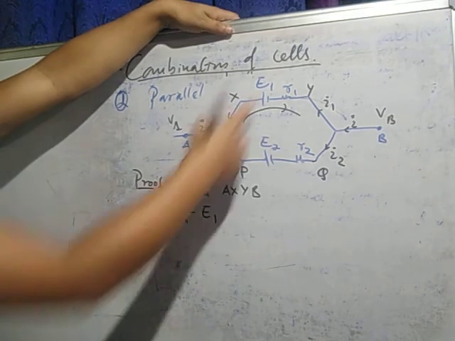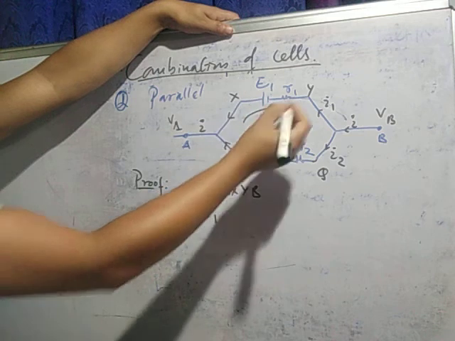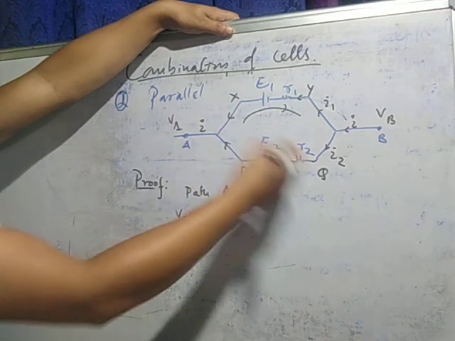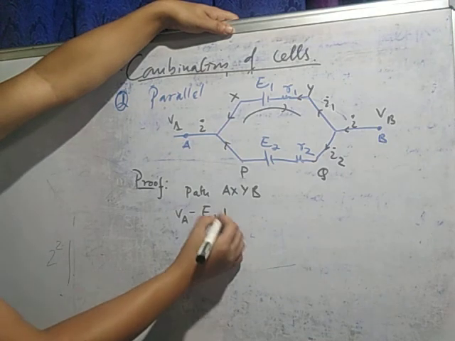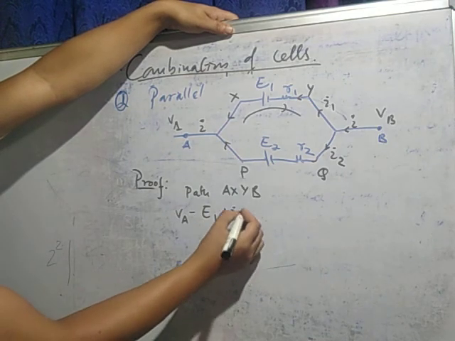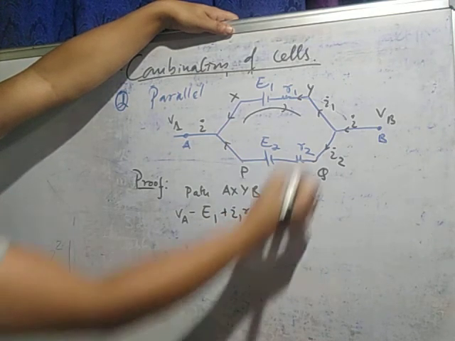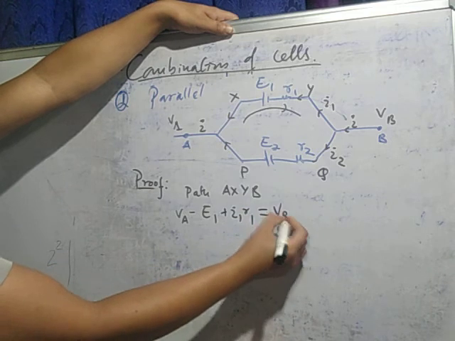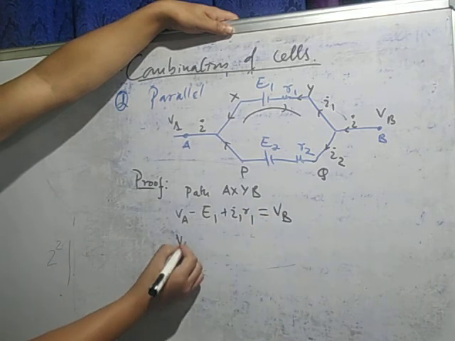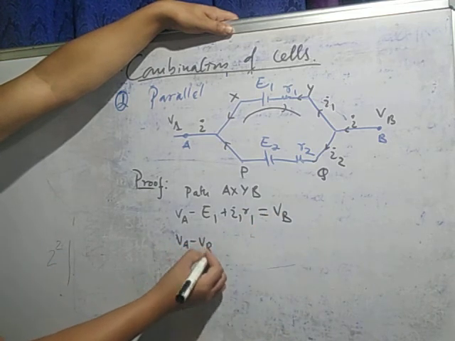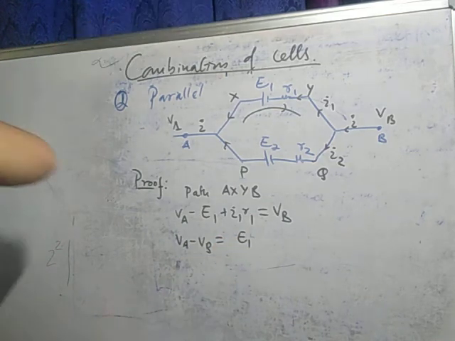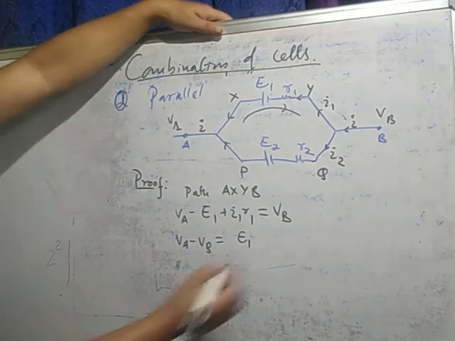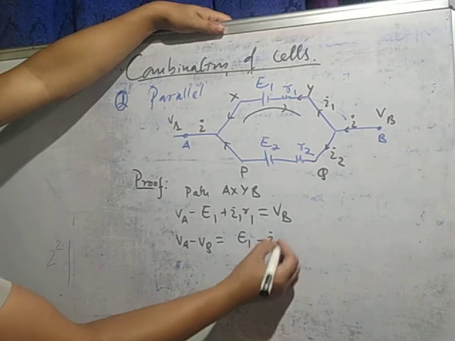So again this is how much? Current is coming like this and the path is opposite, isn't it? So this you'll get positive, I1 R1 equals to VB. I can take VA minus VB equals to how much? E1 minus I1 R1.